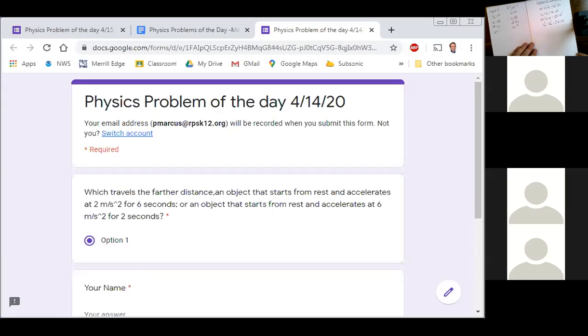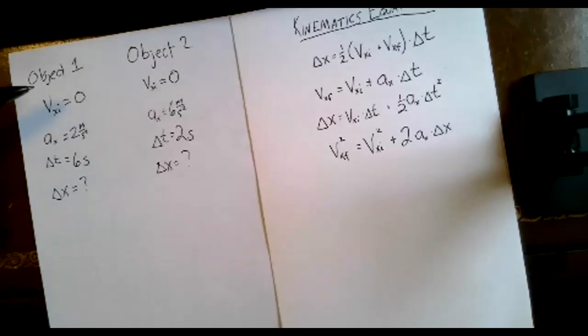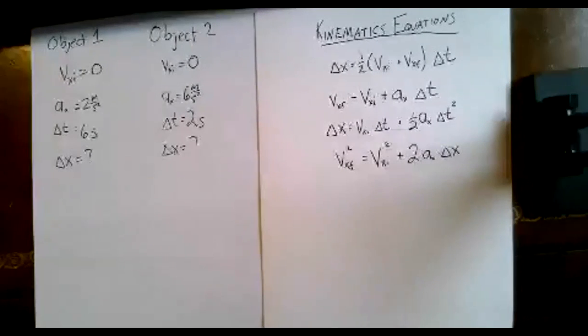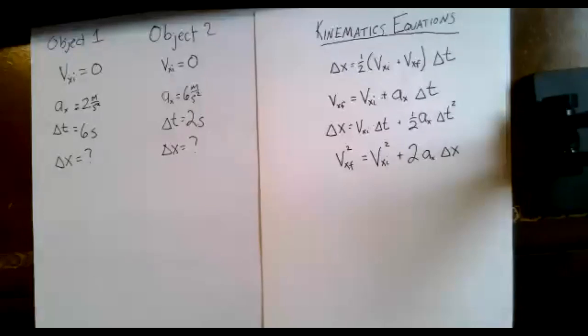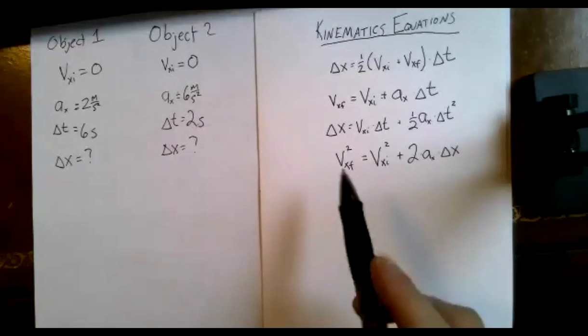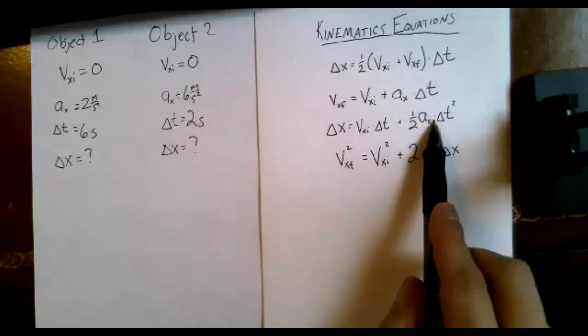So it looks like we're going to be able to use the same equation for each of these, right? We have the same quantities, Vxi, Ax, delta t, and delta x. So which equation would I want to use to figure out how far each of these objects go? The third one. Yeah, the third one's going to do it, right? Because that's got Vxi, Ax, delta t, and delta x in it.